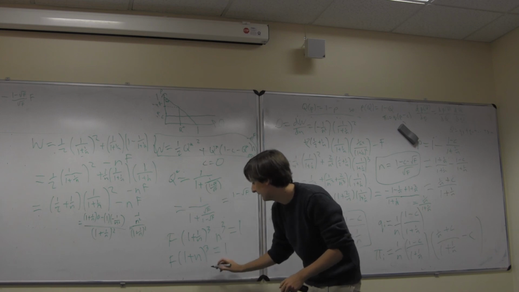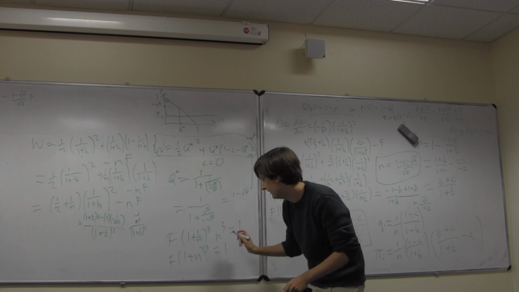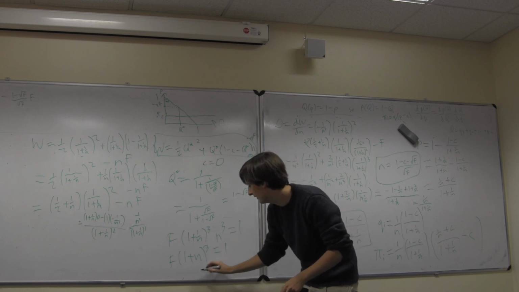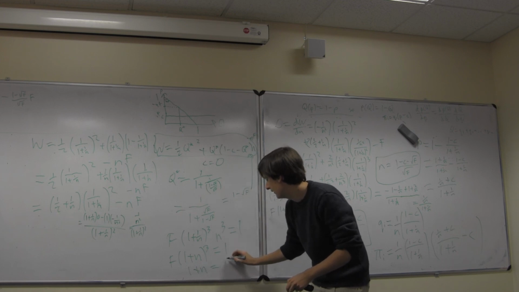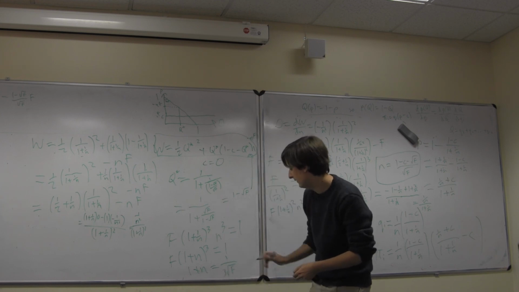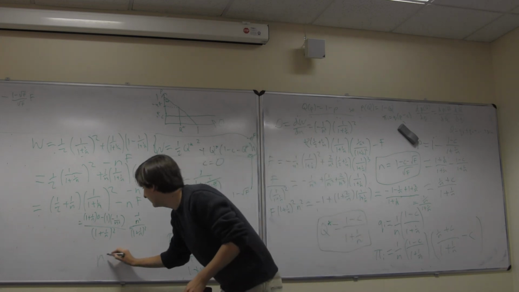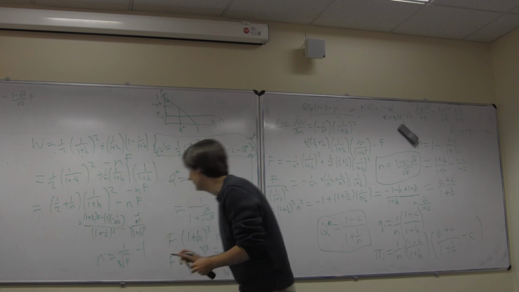So divide both sides by f and then take the cube root. So 1 plus n is equal to 1 over the cube root of f. So n is equal to 1 over the cube root of f minus 1.